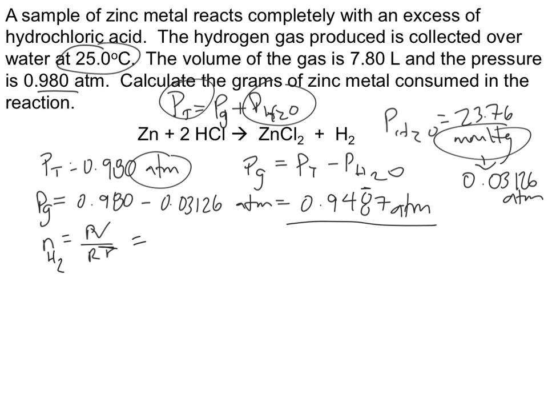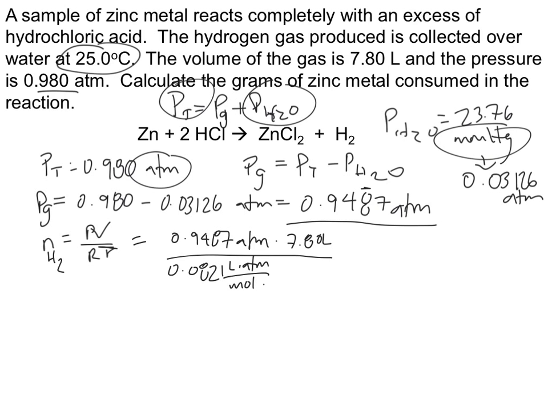So we plug in our numbers, our new pressure that we figured out, that goes here. Our volume is 7.80 liters. We have our constant, and of course we have our temperature, which is 298.15 Kelvin.